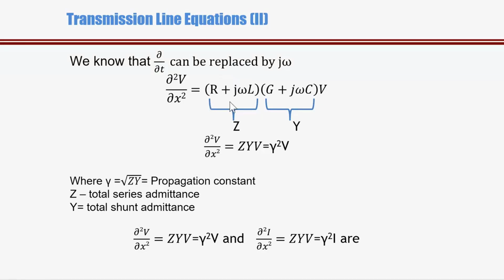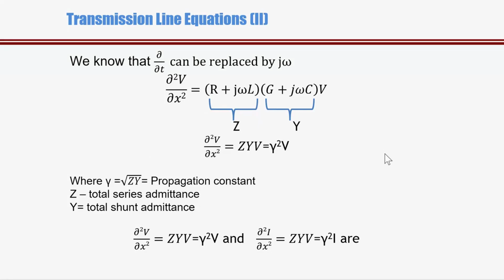Purposely these parameters are collected together. R plus j omega L represents impedance because these terms are present in the series branch. Right? R plus j omega L, inductance and resistance are in the series branch, and G and C are in the parallel branch, meaning they are parallel connected.